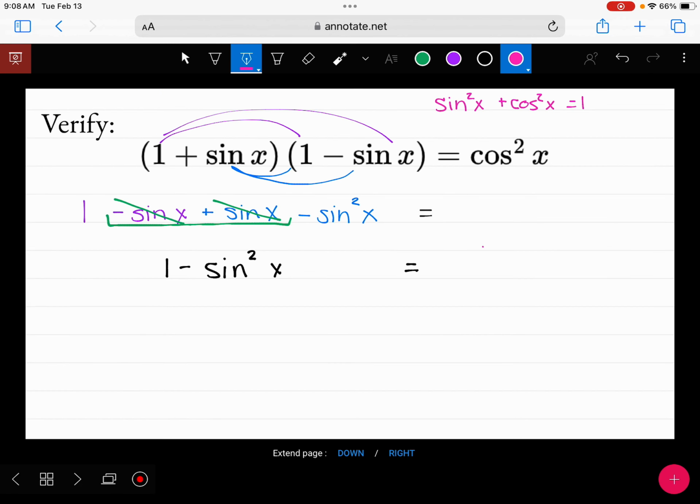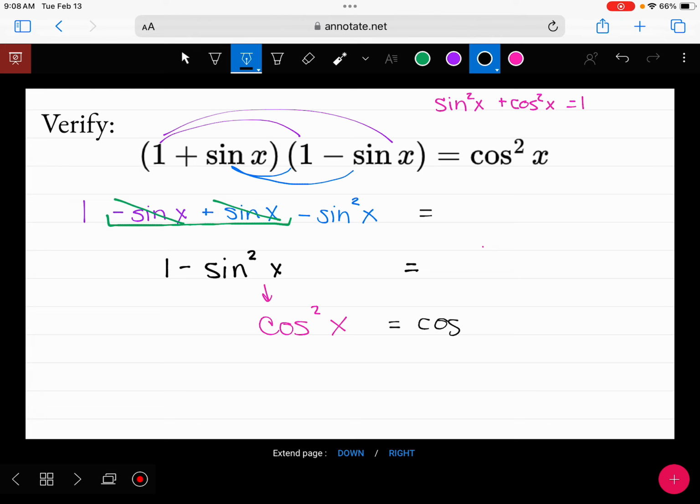So if I solve this one, what does 1 minus sine squared equal? Cosine squared. So using that trig identity, this is the same thing as cosine squared of x.